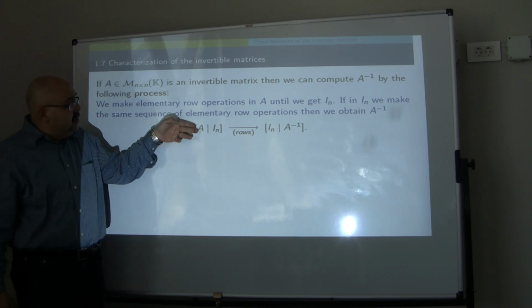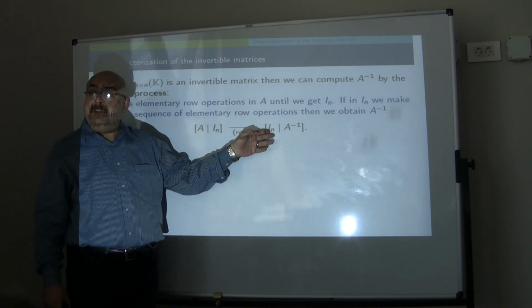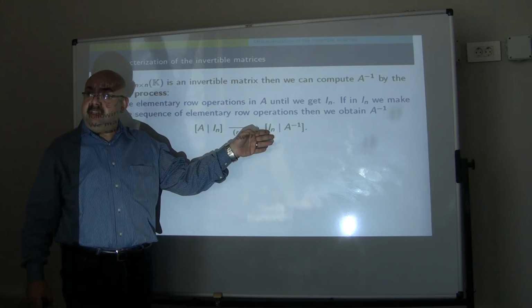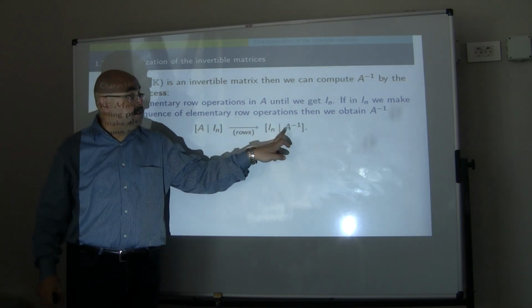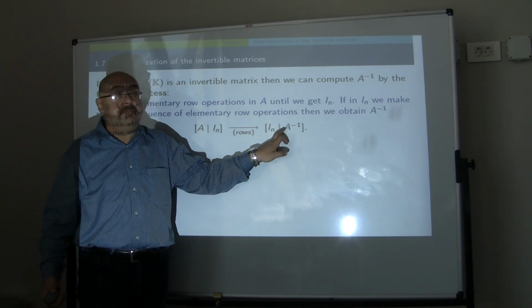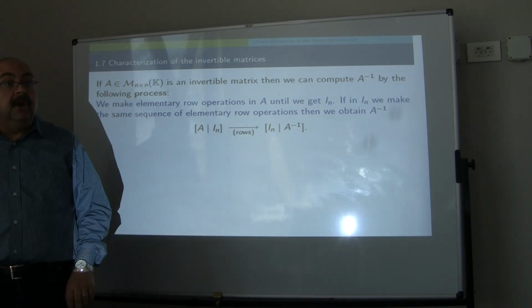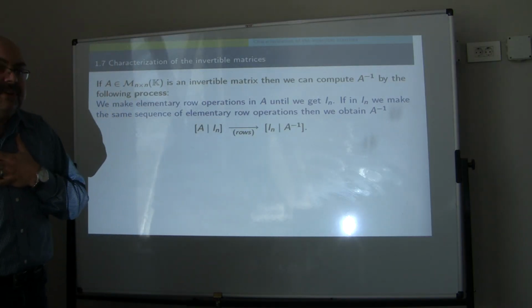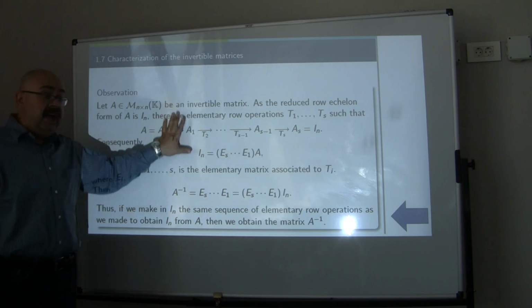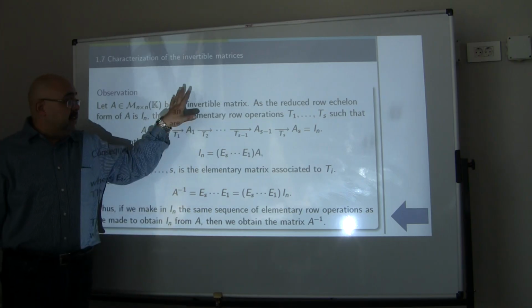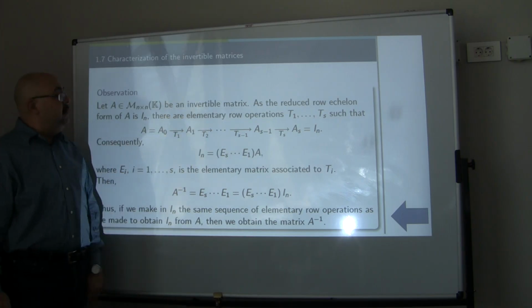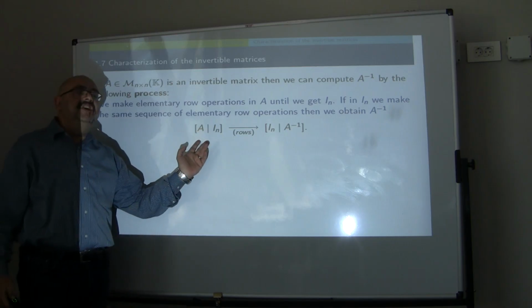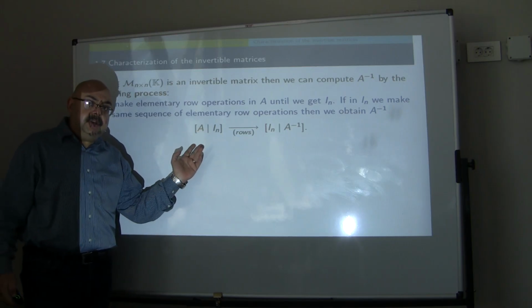If I succeed in transforming A into the unit matrix, all the processes that I did will develop the inverse matrix that you are aiming for. So all that I said in the previous slide is to make you able to use this form in order to get an inverse.